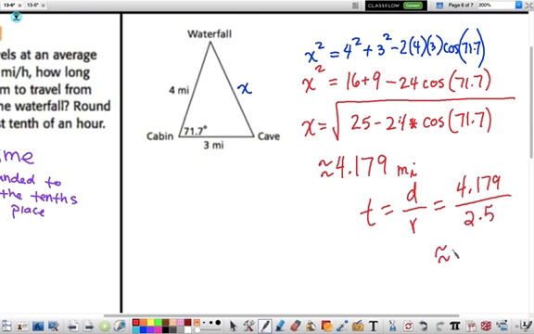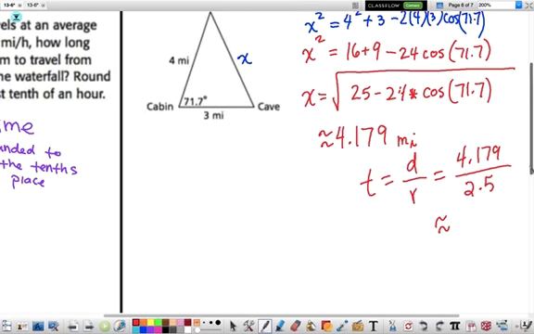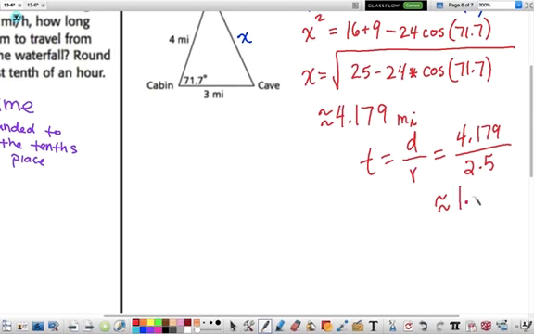So what's that? 1.6716? Yep. 1.6716 rounded to the nearest tenth, like Kate did. 1.7. 1.7, make sure you include your units. You got it. Hours, because we're talking about time, right? Hours.